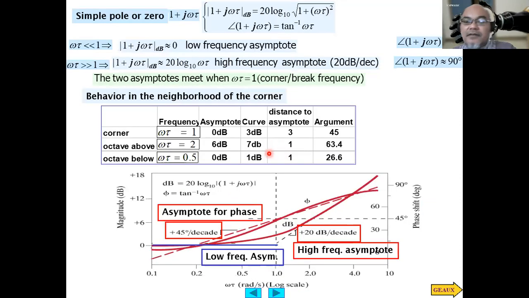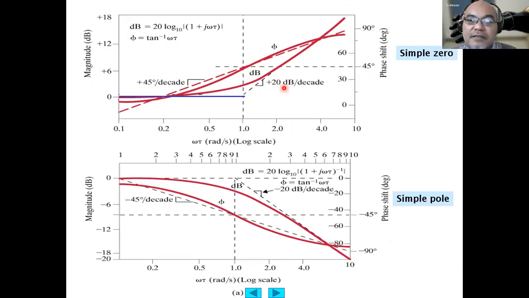Okay, so this is with simple zero, and this is with simple pole. If it is a simple zero, it is in the upper part, right? So the magnitude here increases. While if it is in the lower part, in the denominator as a pole, then the magnitude decreases here.